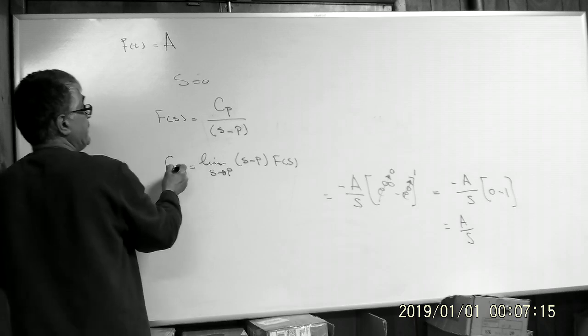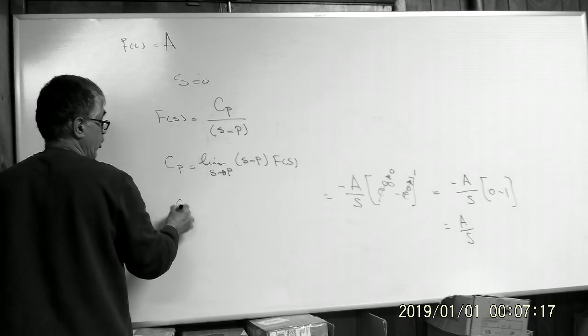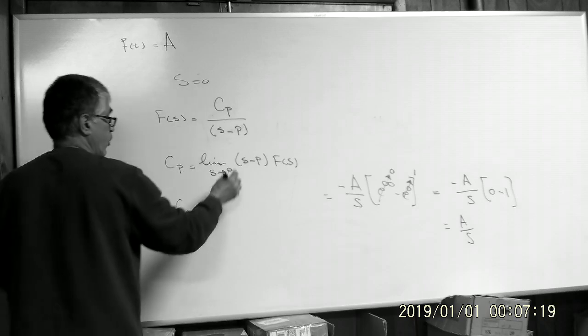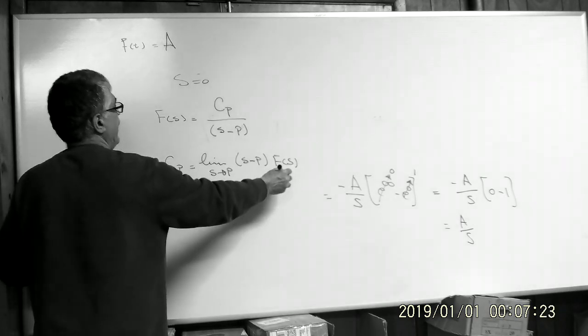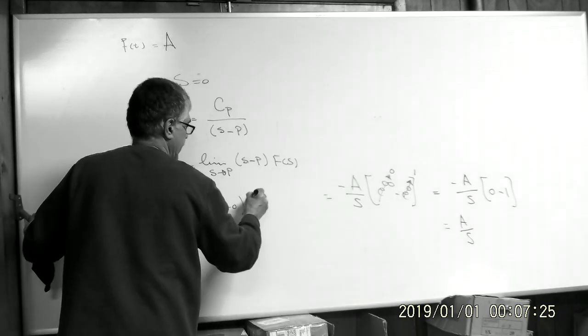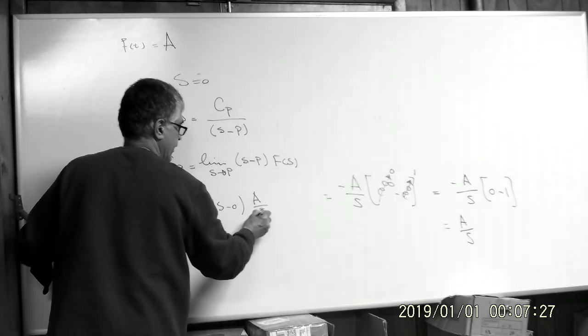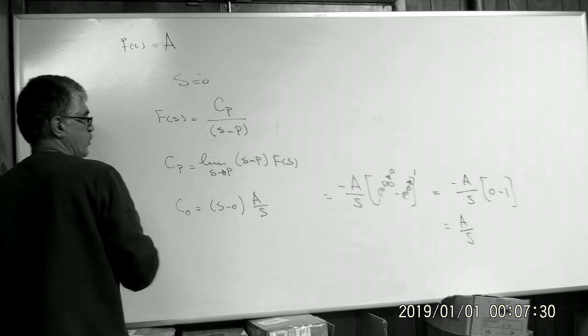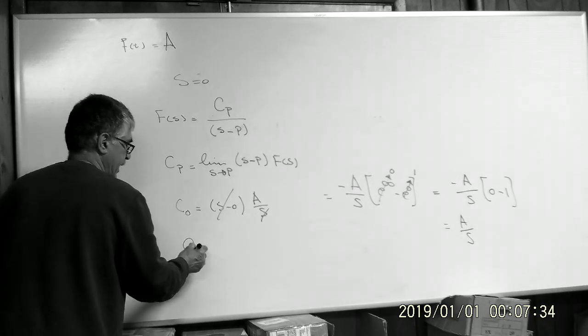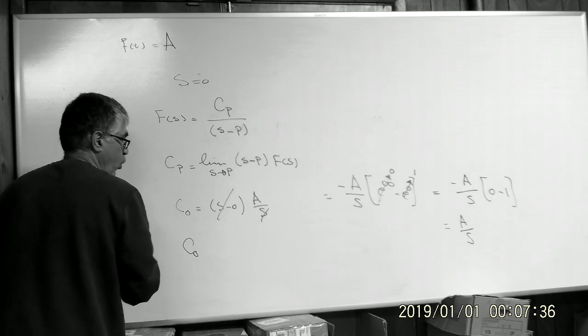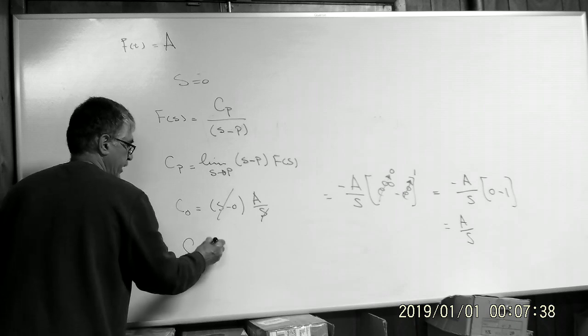So our constant associated with our pole 0 is equal to s minus 0 multiplied by F of s, which is a divided by s. So here s and s will cancel out. So our constant associated with our pole 0 is equal to a.